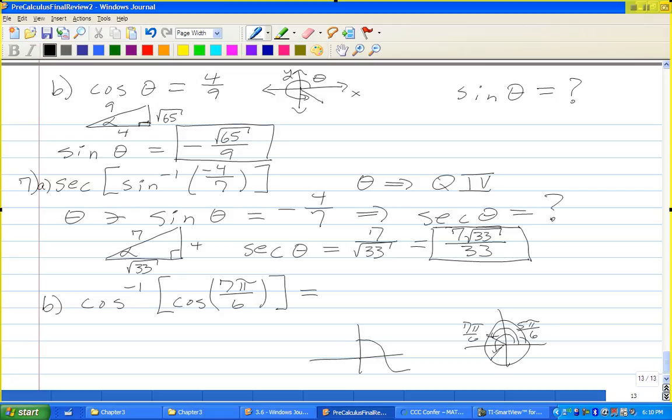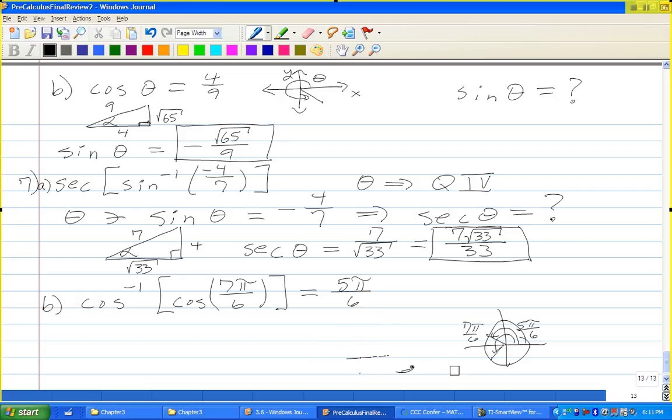Okay, so if you actually went here, 7 pi over 6 and 5 pi over 6 give you the same answer. And so that gives you the answer in the correct quadrant. And so this should be 5 pi over 6.